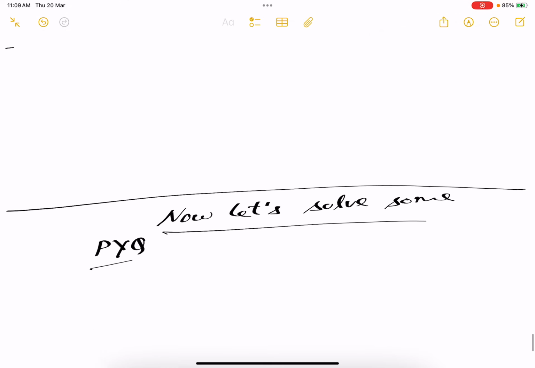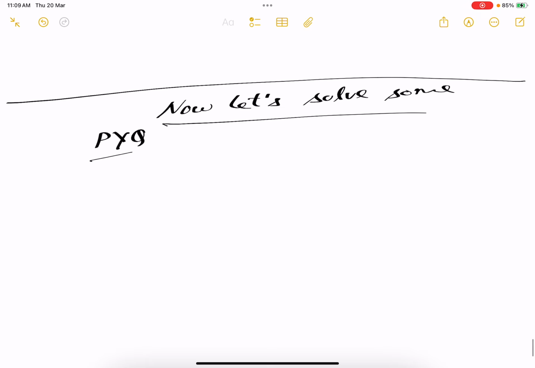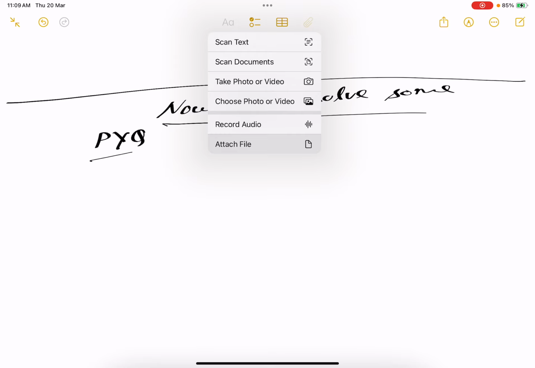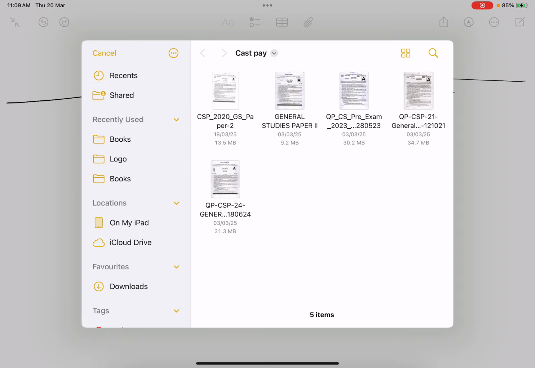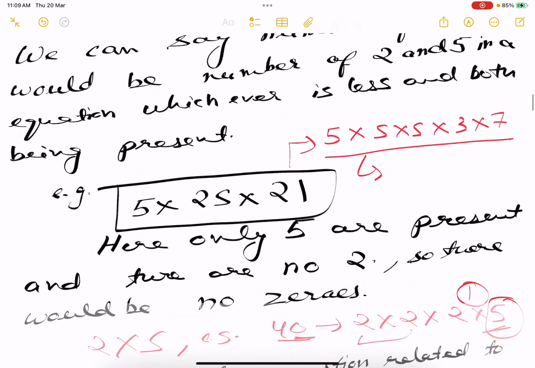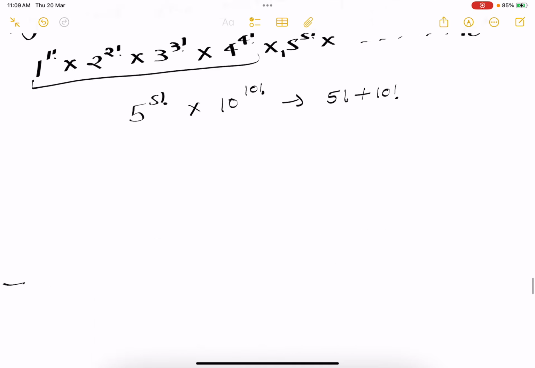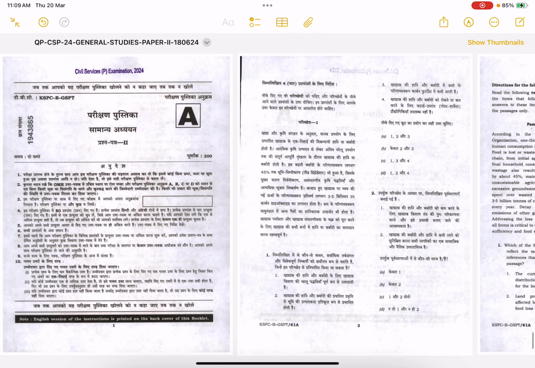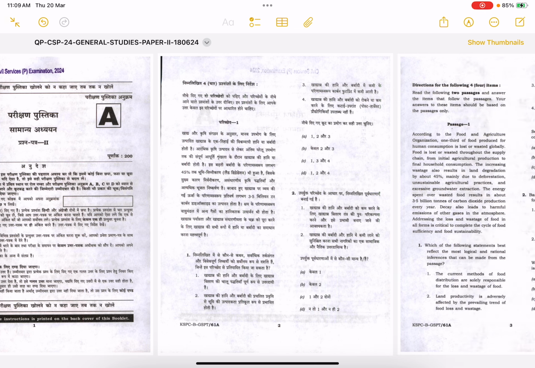Okay, now after that, since we have learned these concepts, now we'll try to solve some PYQs. Okay, so take out the question paper of 2024 prelims. 2024, and the question number would be 9.